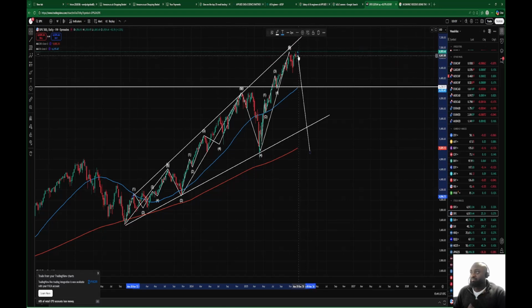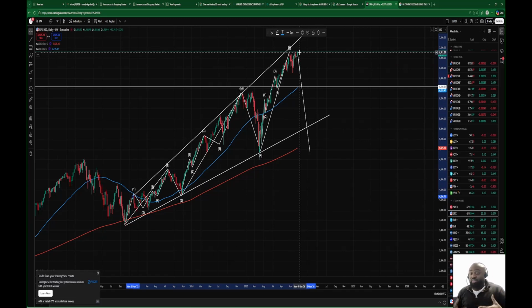Price can extend to make a touch all the way around here before correcting, or just like it's formed a double top around here, price can correct. But essentially, in these wedge patterns, price moves 1, 2, 3, 4, 5, and just like Elliott wave, you see a correction.